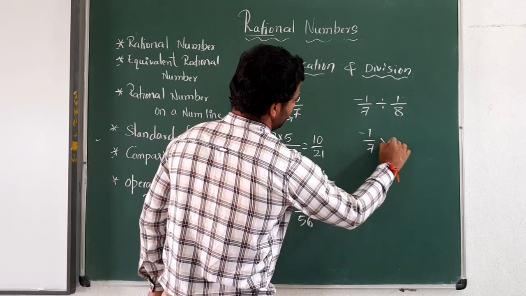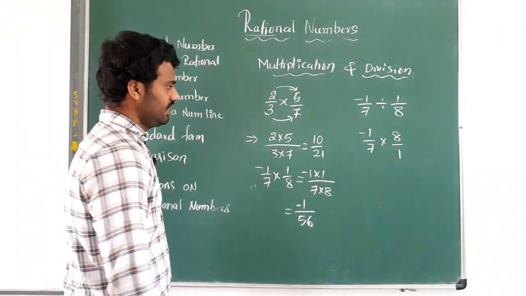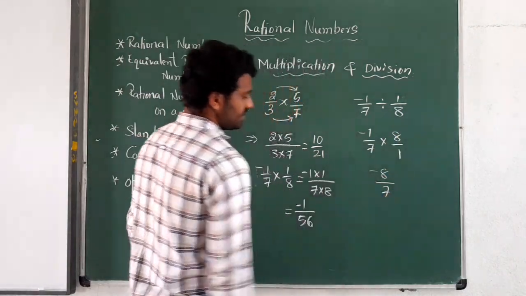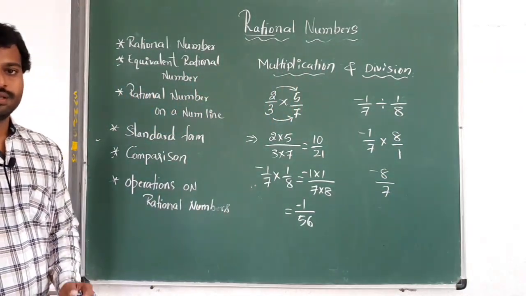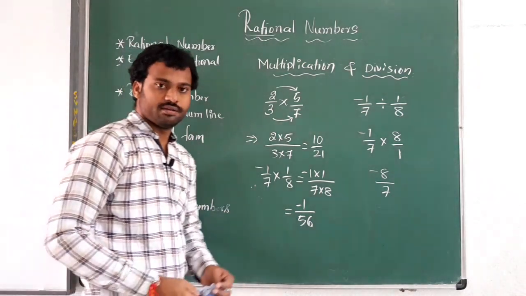Minus 1 by 7 into 8 by 1, the reciprocal. Very easy. Minus 1 into 8, minus 8 by 7. Clear?